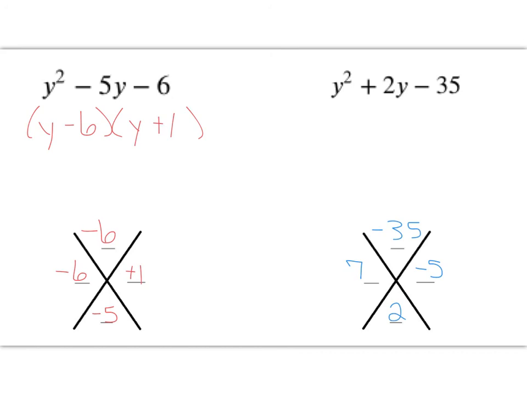Positive 7 times negative 5 is negative 35. Positive 7 plus negative 5 is a positive 2, and I needed a positive 2. So the two binomials that I multiply together to get that trinomial are y plus 7, because the 7 is positive, and y minus 5, because the 5 is negative.